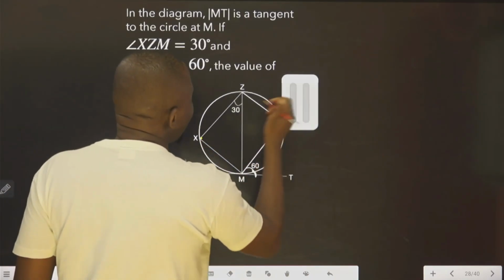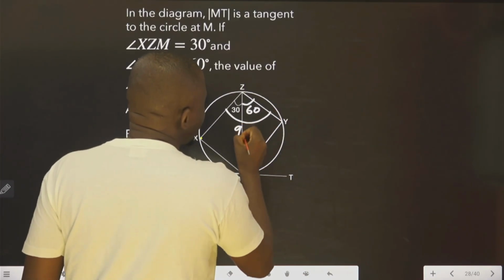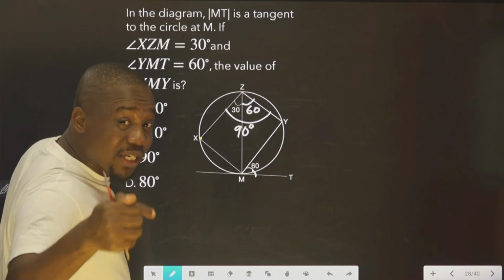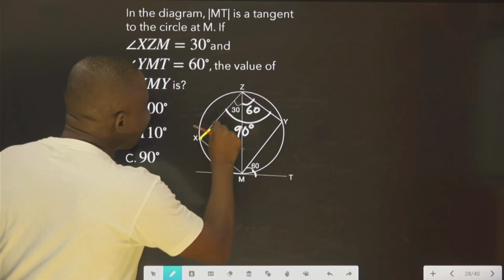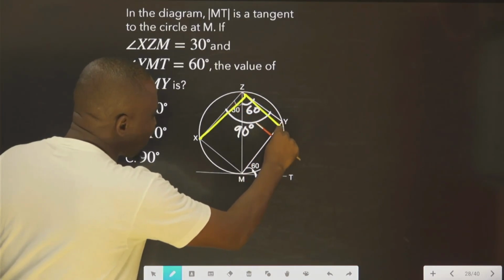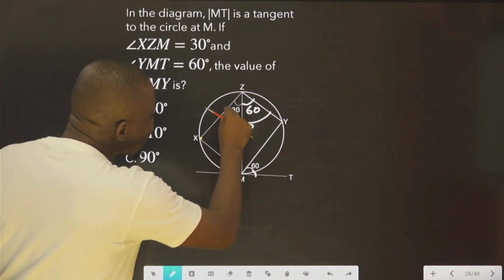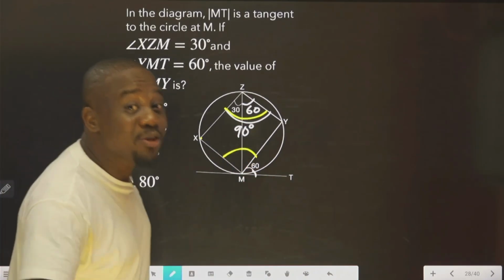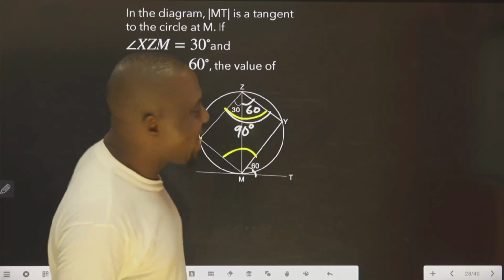It means therefore, if here is 60, here will be 90 degrees. The opposite angles of a cyclic quadrilateral, they are what? Supplementary. This is a cyclic quadrilateral. This angle and this angle, they are opposite. They are supplementary angles. When we say supplementary, it means if you add this and this together, you're going to have 180.